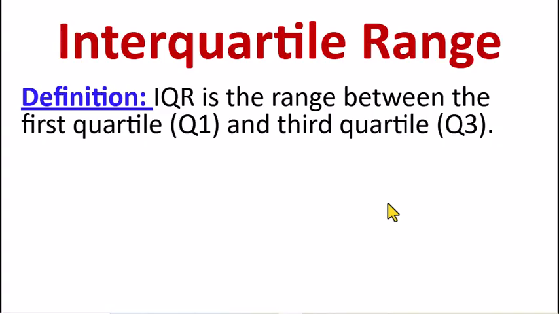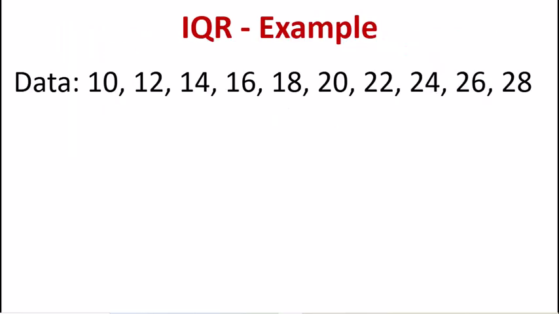Now let's focus on finding another measure of dispersion, which is the interquartile range, also known as the IQR, which by definition is the range or the difference between the first quartile, Q1, and the third quartile, Q3. Let's find the IQR for this example.